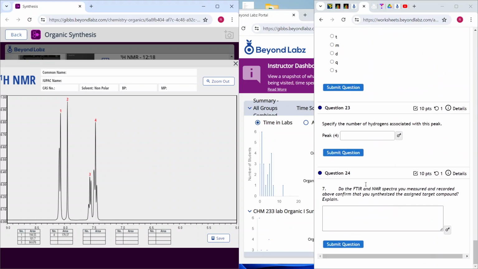Now, if at the end your product matches the IR in the FTIR spectrum that you got, then simply say over here that my product matches the spectroscopy data, and then submit the question. And pretty much this is going to be your lab.